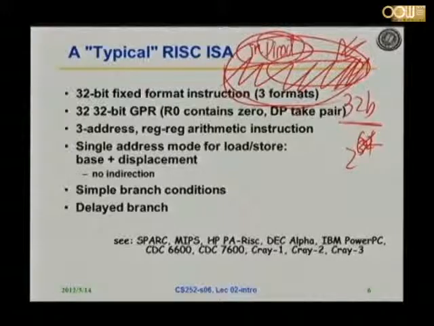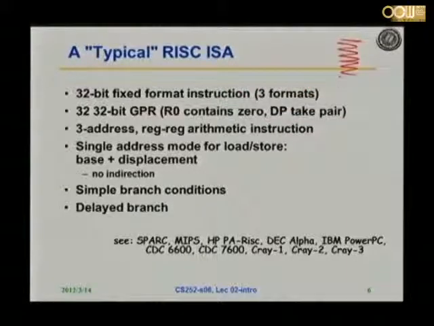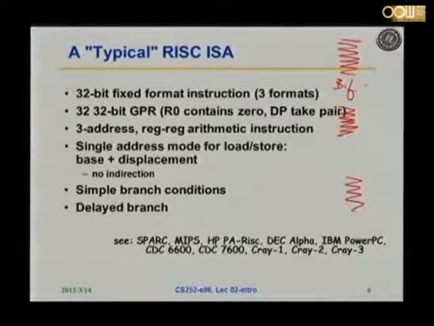And then delayed branch, this is complicated. I need to draw you a picture to explain that. If I have an instruction execution stream, and this is a branch if, as a result I may continue execution from here or from here, depending on the branch condition.